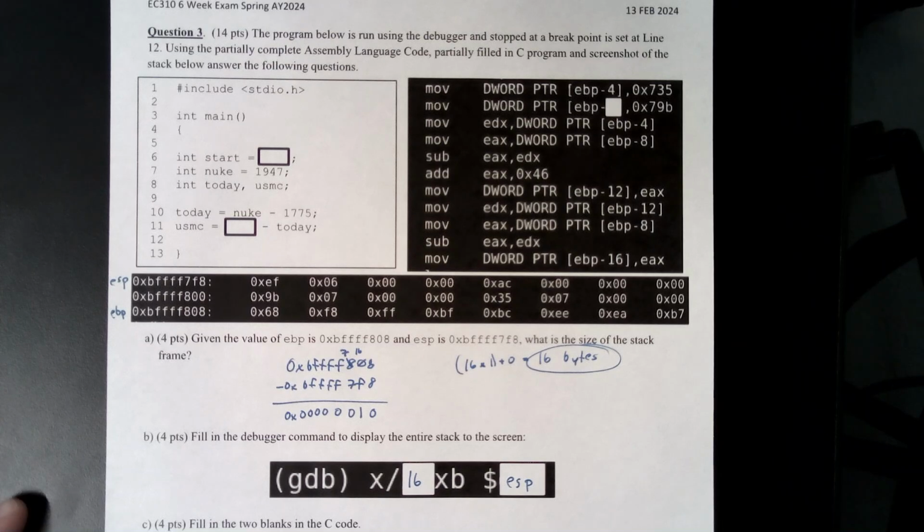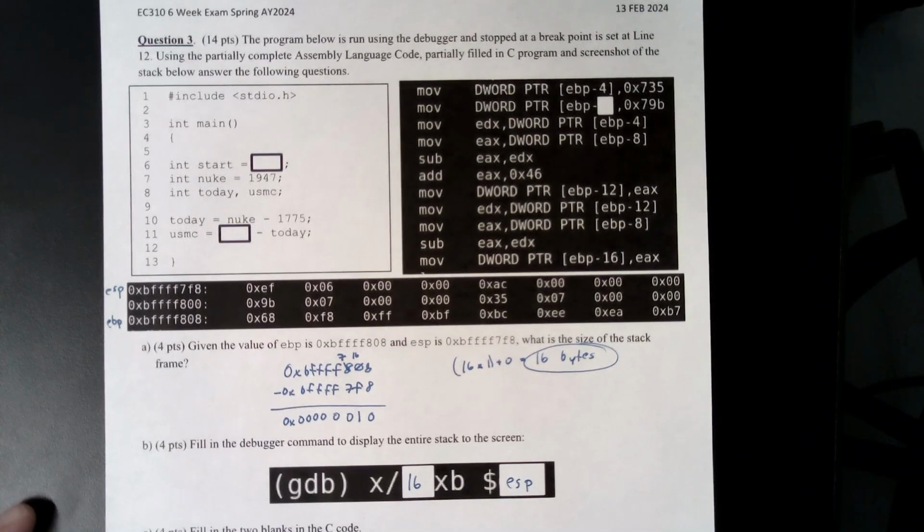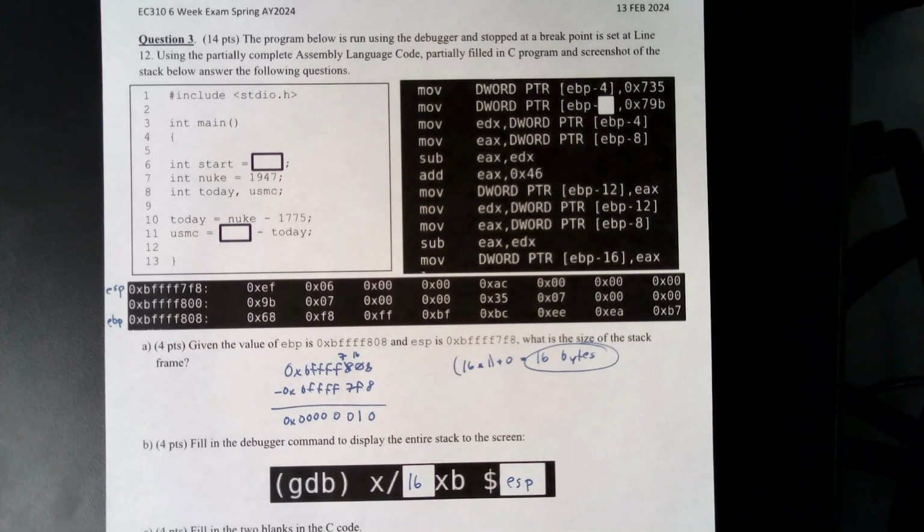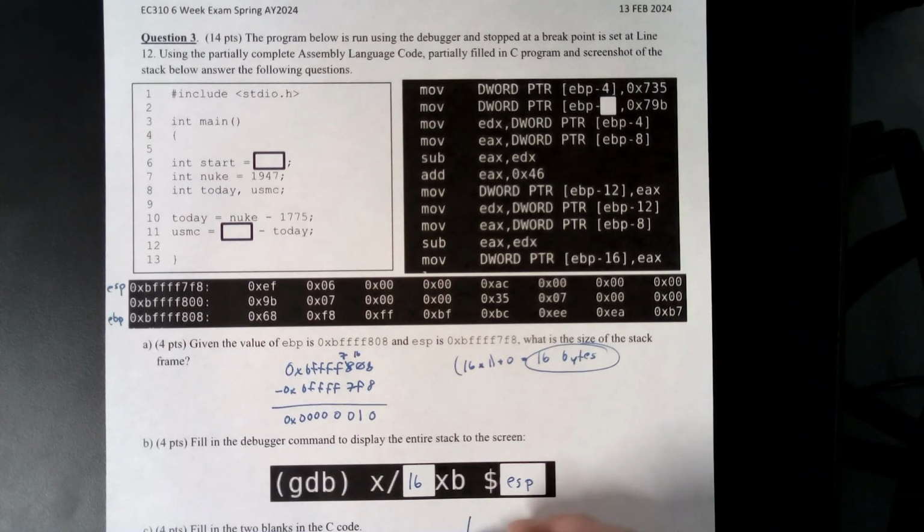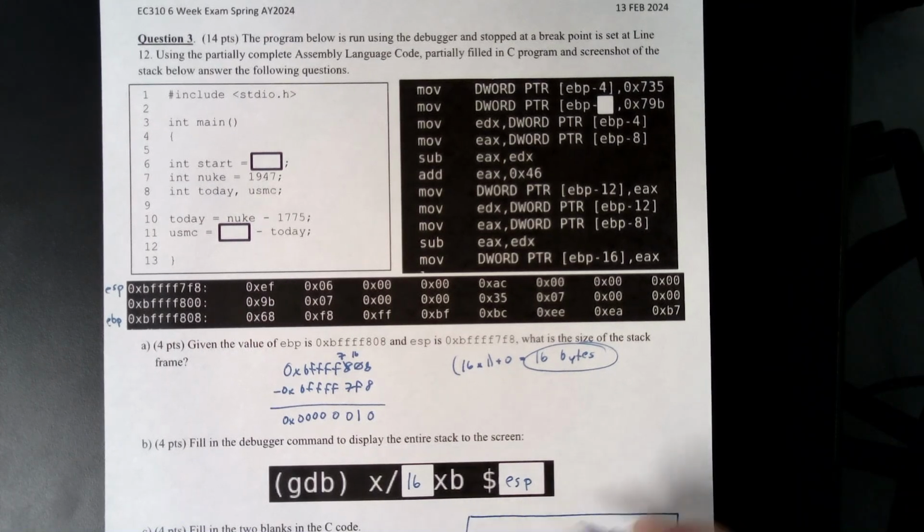Part C, fill in the 2 blanks in the C code. So this we need to look at the numbers that are in memory and sort of understand what goes where. So I'm just going to lay out what we expect the stack to look like in these boxes here. We know that ESP is here, EBP is pointing to the garbage byte after that.